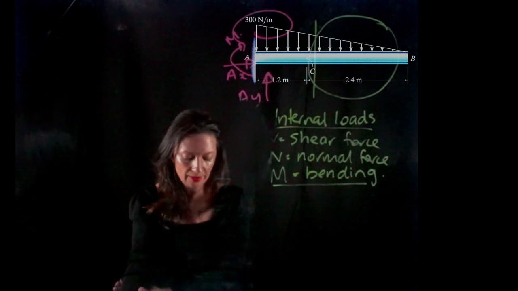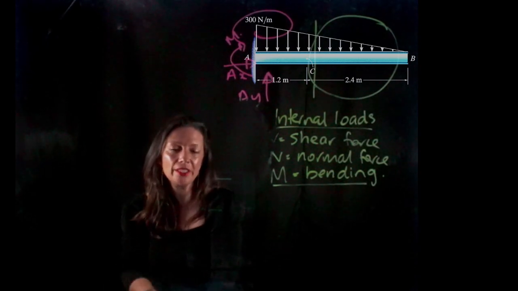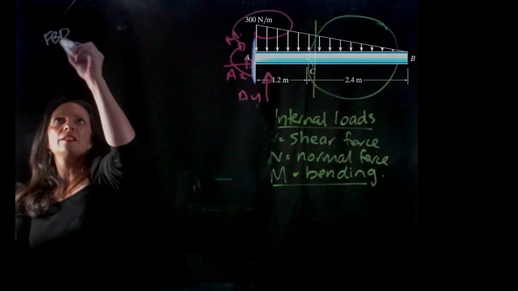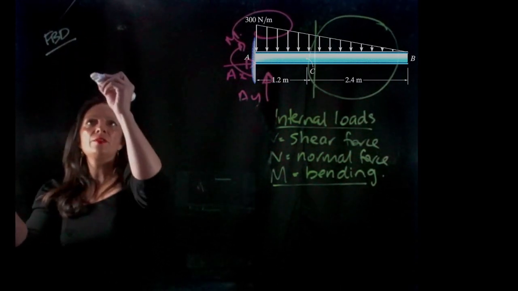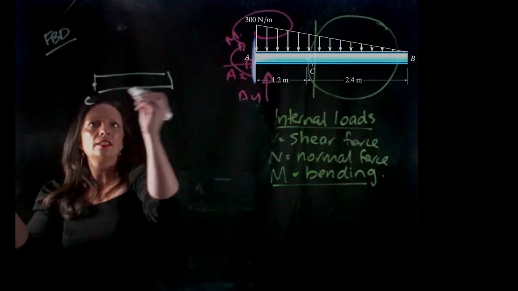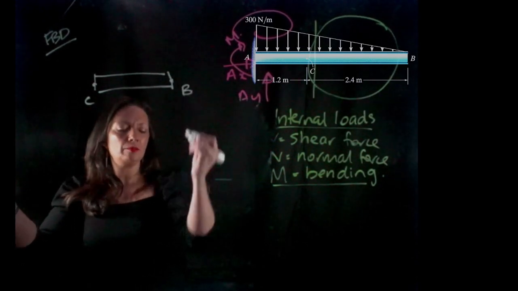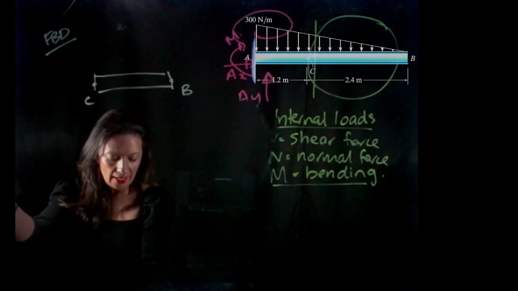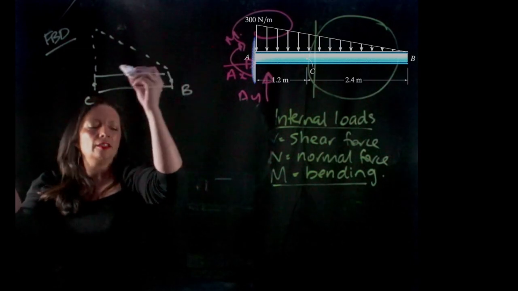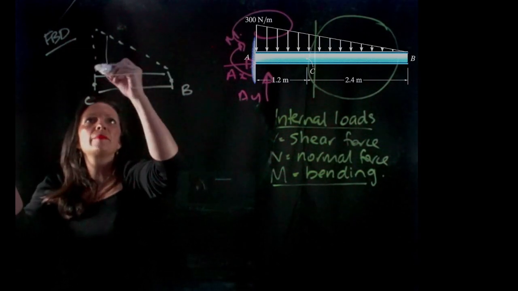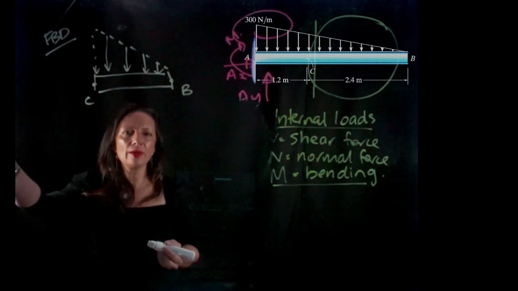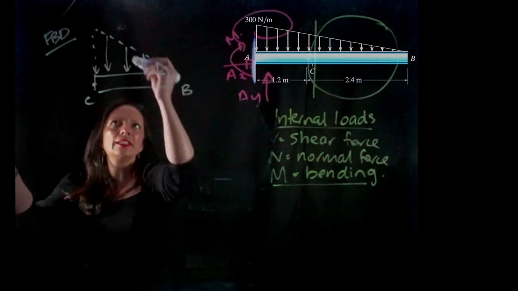All right, so I'm going to redraw my free body diagram. Here's my free body diagram, and here is my beam at C and B. And I have a distributed load here, and I need to turn this into a concentrated force, okay?